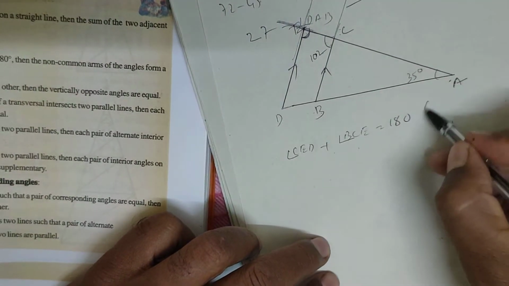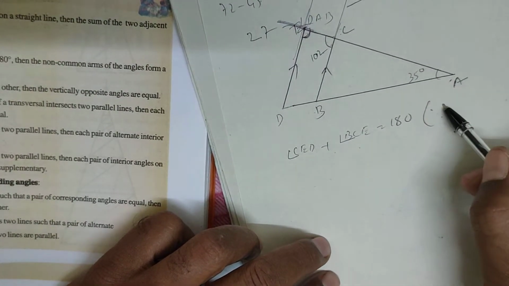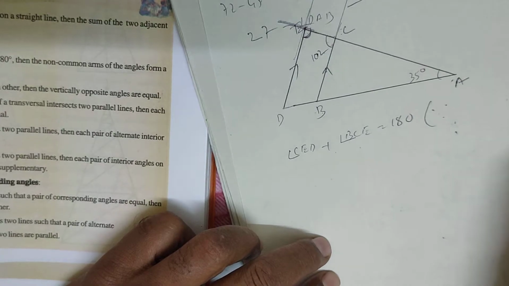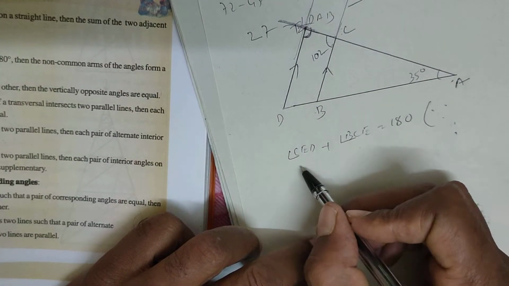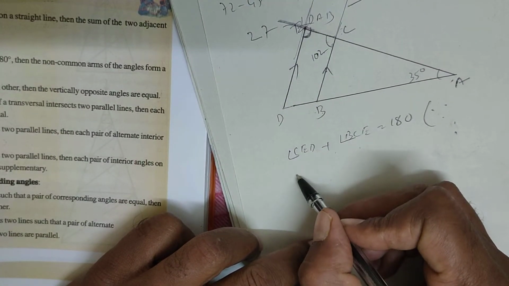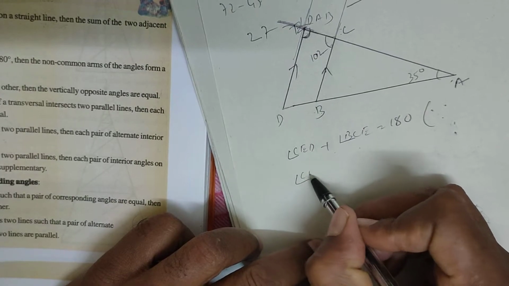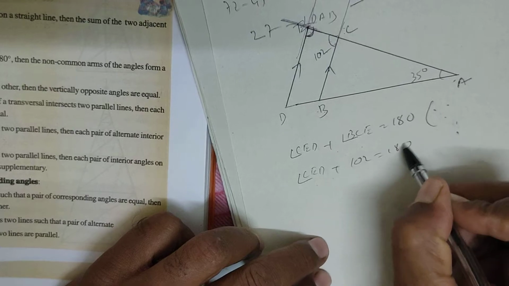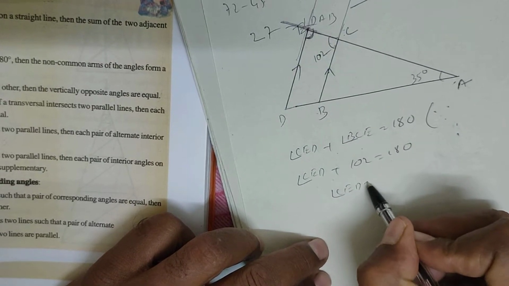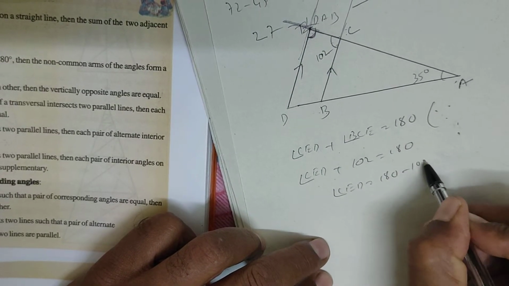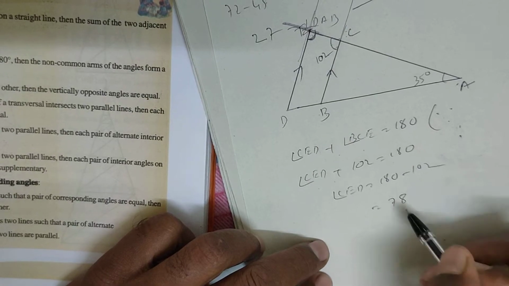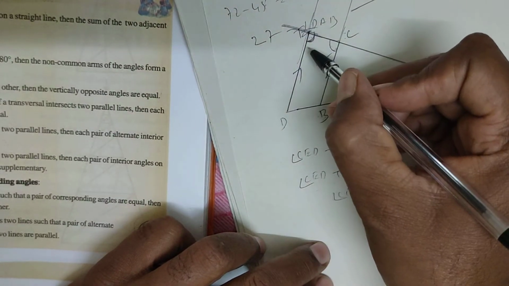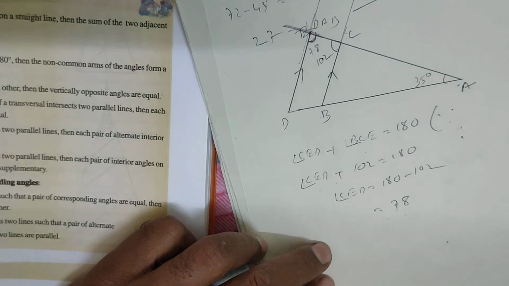Why did I write this? Since interior angles on the same side of the transversal are supplementary. So in place of BCE you write 102, equal to 180. CED becomes 180 minus 102, that is 78. So you got this as 78.